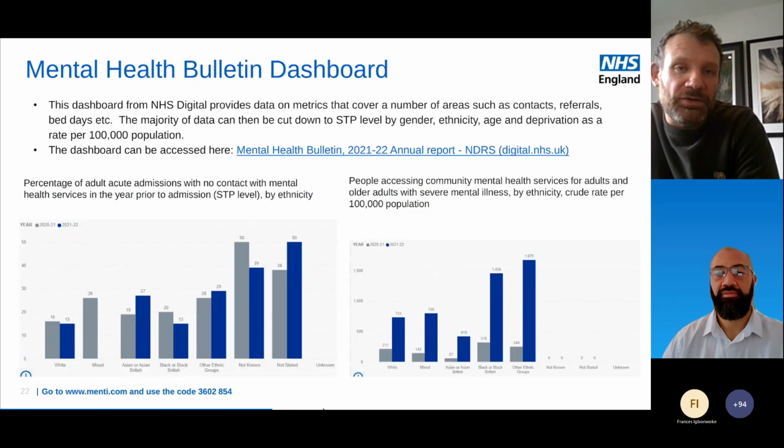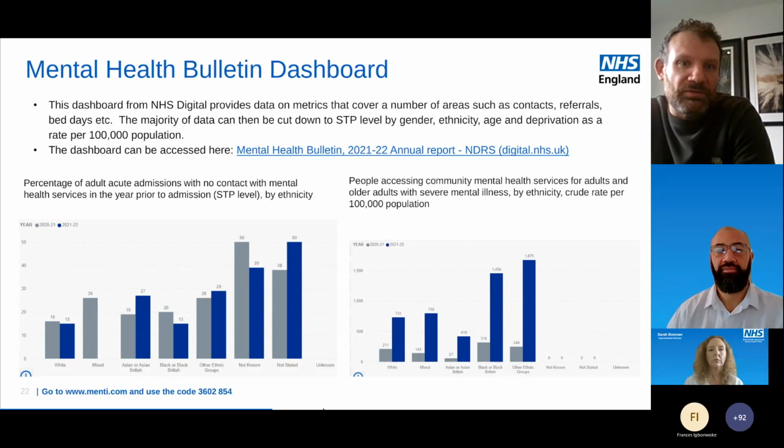And then another one that's publicly available is the Mental Health Bulletin Dashboard, produced by NHS Digital, and there's also the Mental Health Act dashboard that you may be familiar with, and an IAPT one. So those annual reports all give quite a range of equality measures, and particularly in the Mental Health Bulletin Dashboard, we've really increased the range of information in there.